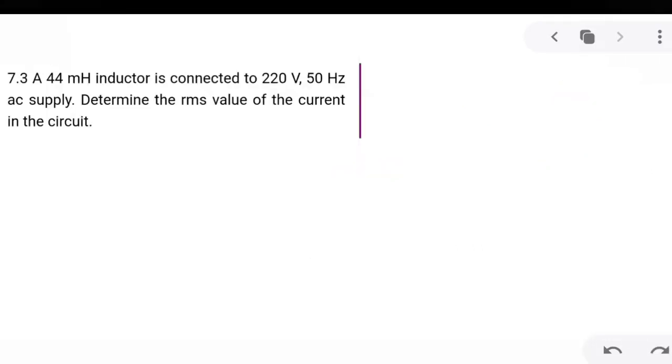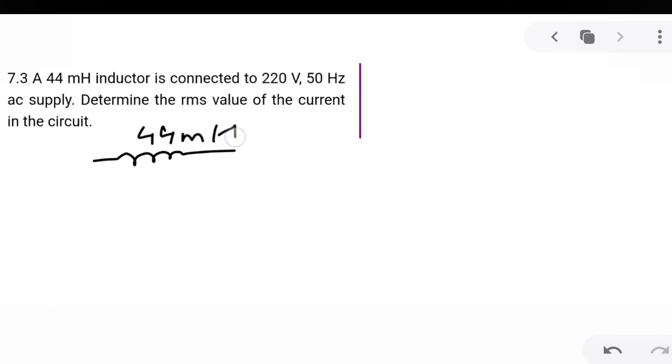So next, question 7.3. You have a 44 millihenry inductor connected to a 220 volt, 50 hertz AC supply. Determine the RMS value of current in the circuit. Drawing the circuit is not necessary, this is just to make you understand a bit more.